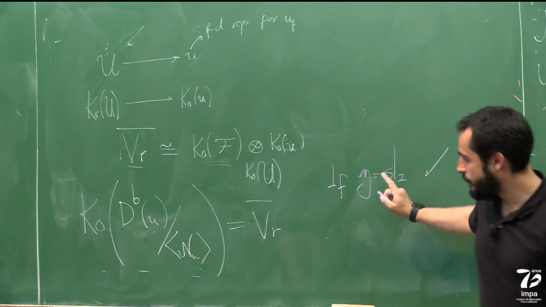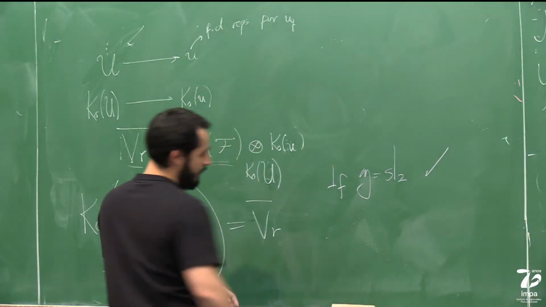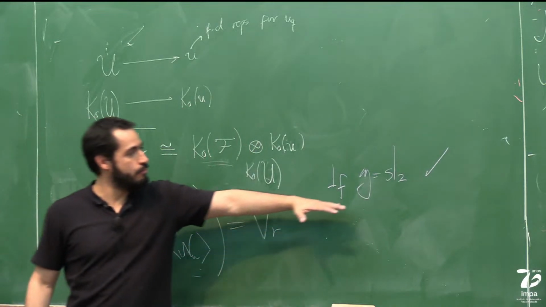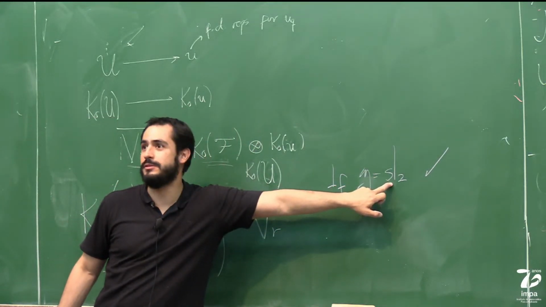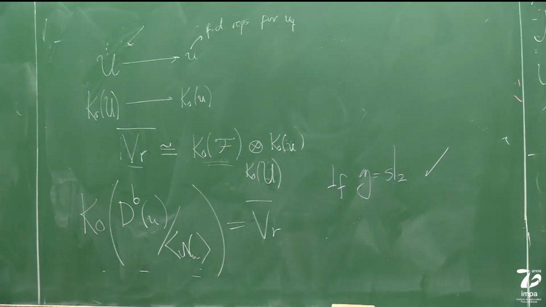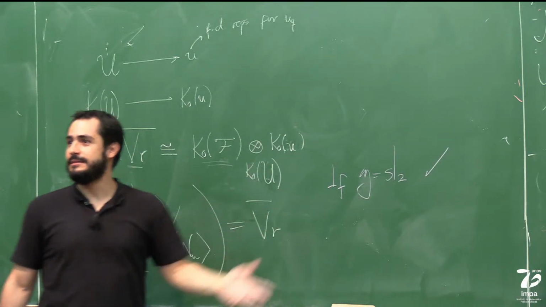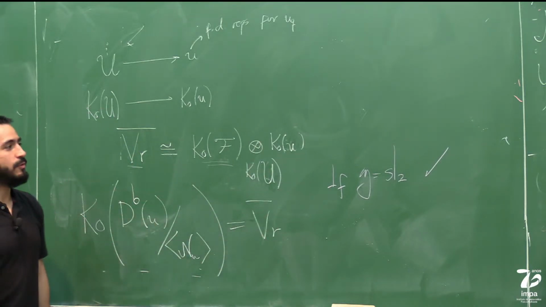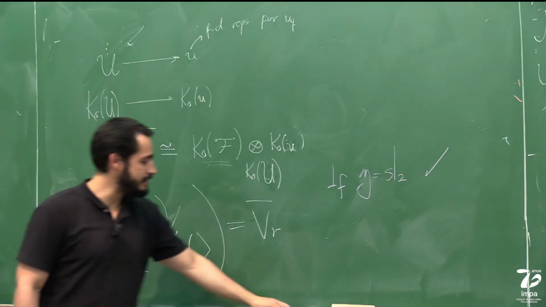The proof just for SL2 depends on the understanding of all the indecomposable modules for the small quantum group of SL2. And as far as I know, this is all that is known about the indecomposable modules of quantum groups. There is no list of indecomposable modules for SL3 or for type A or anything like this for small quantum groups at roots of unity.